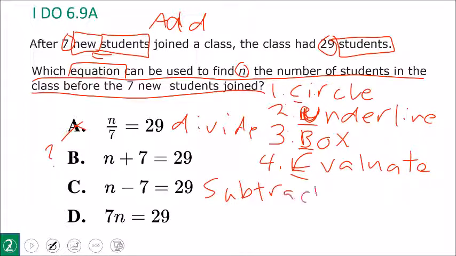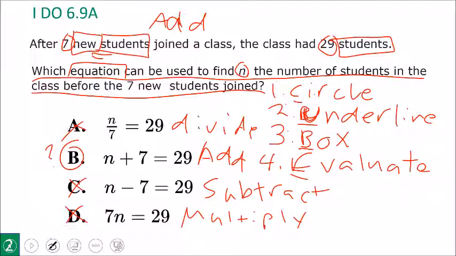That's trash too, so we're going to get rid of that. And then this is multiply. So that's trash. Get rid of that. So the only one that works is B. That's our answer. So let's move on.